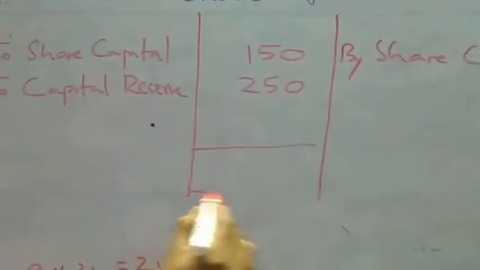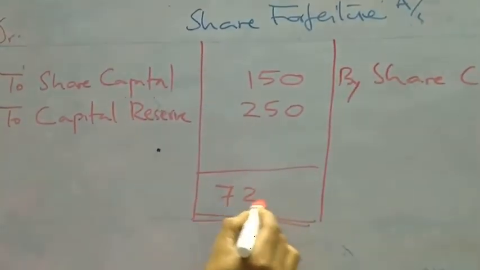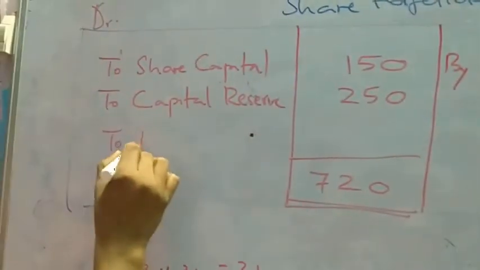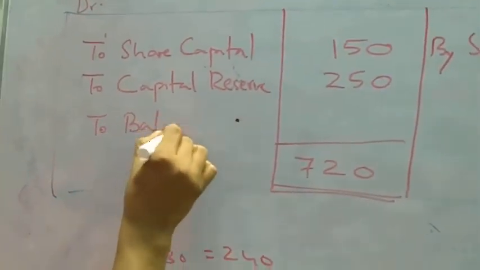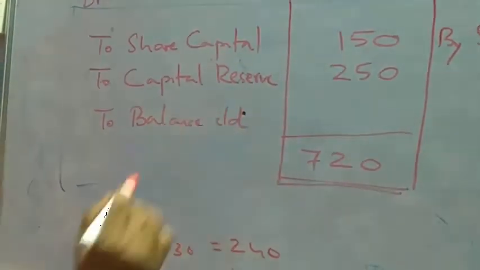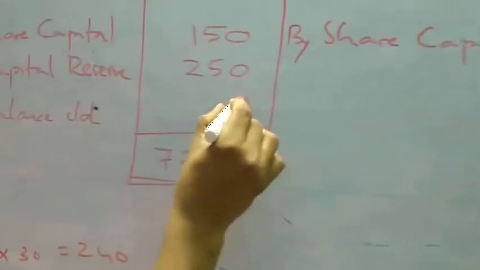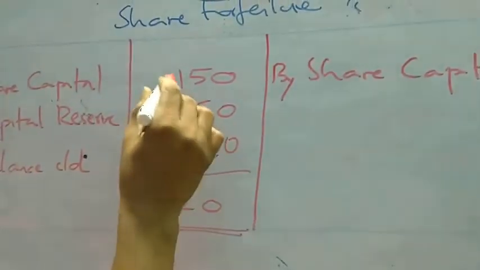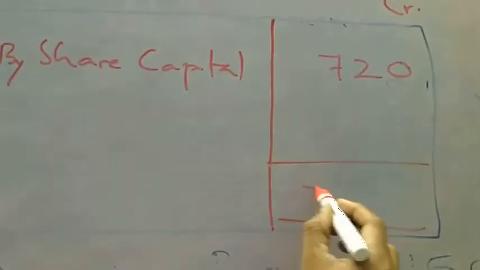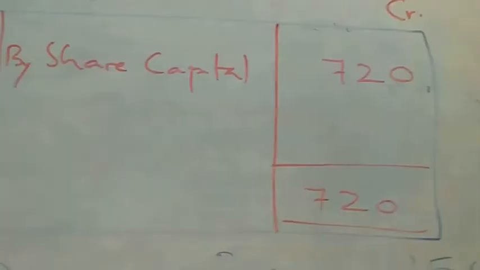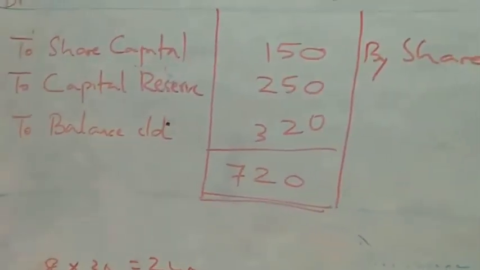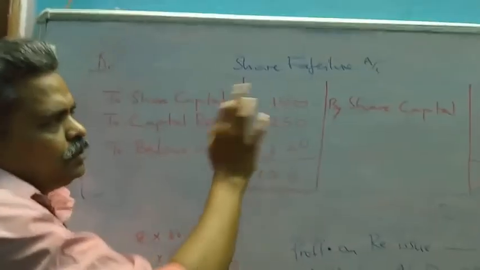Then you make the balance. To balance c/d, that is 320 rupees. Got it? Share forfeiture account is like this only.